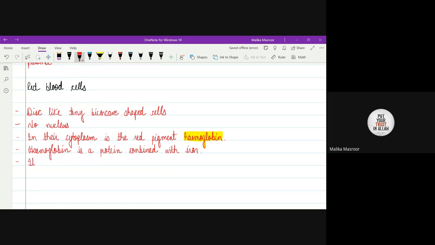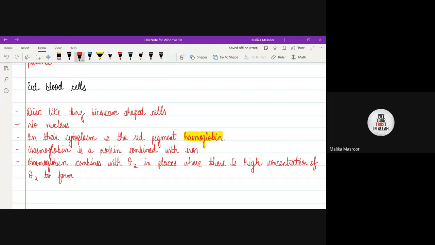Hemoglobin combines with oxygen, in places where there's a higher concentration of oxygen obviously, to form oxyhemoglobin.